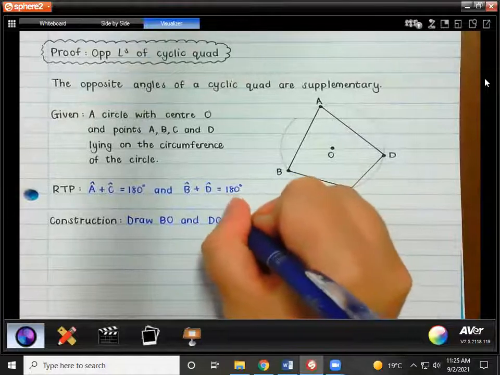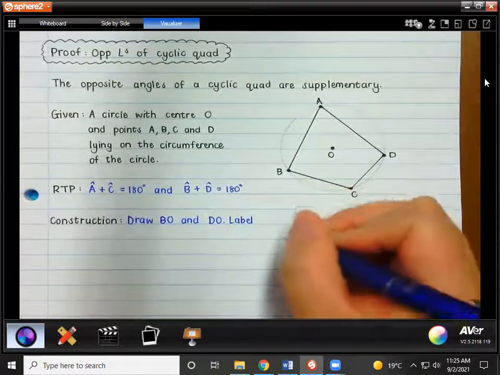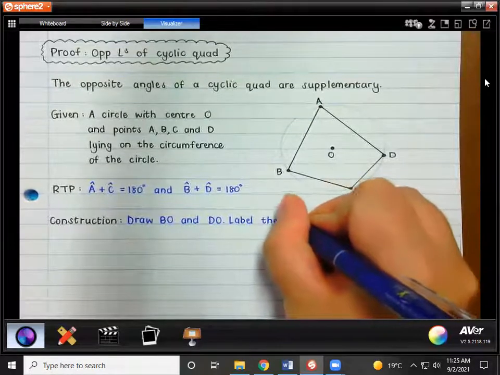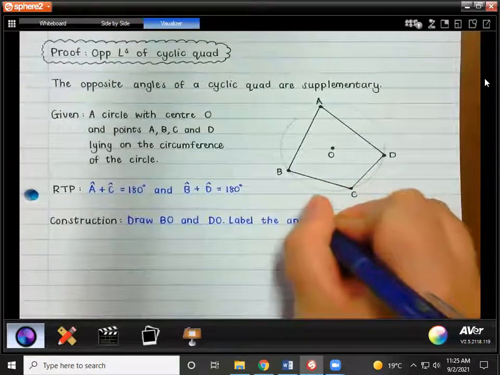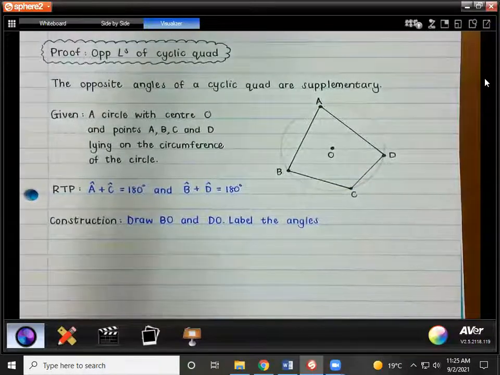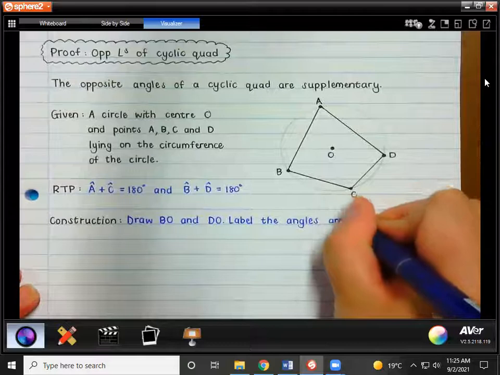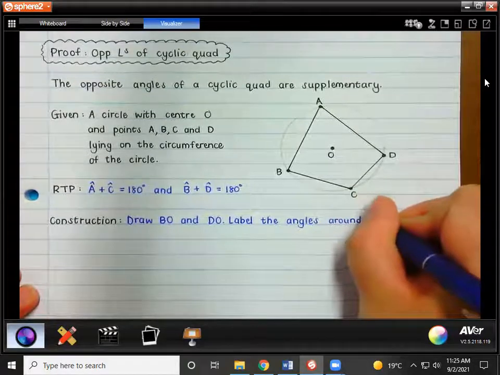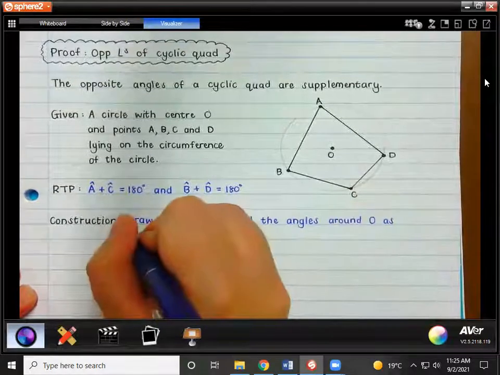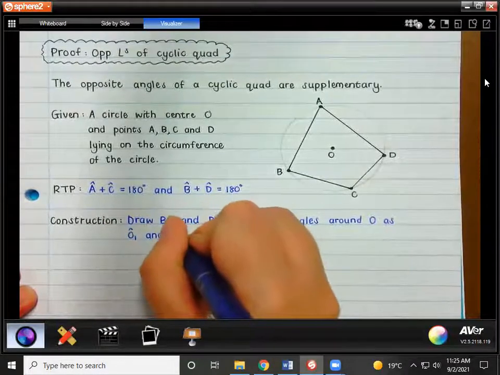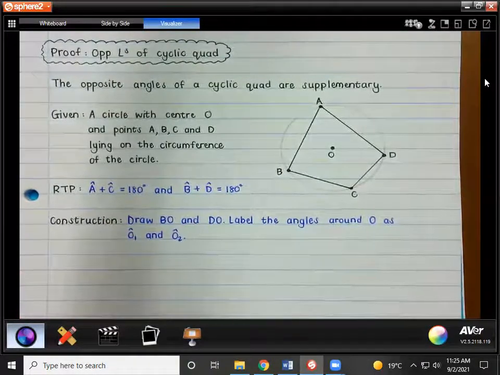And this is just an extra if you want. We are going to label the angles around O as O1 and O2. That's just so that the actual proof is a bit simpler to write down. It's not essential that you do that.